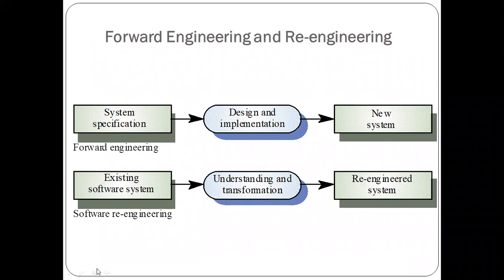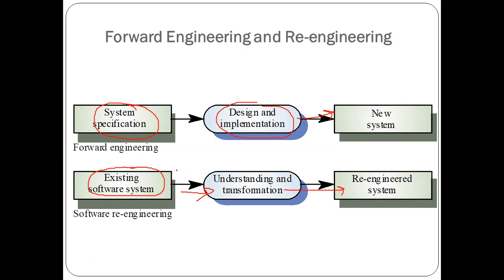Now see, this is the difference between forward engineering and re-engineering. In forward engineering, we have a system specification defined by the customer, and then we design, implement and develop a new system. But in software re-engineering, we have an existing software system which we study, then we understand and transform it, and we get the re-engineered system.